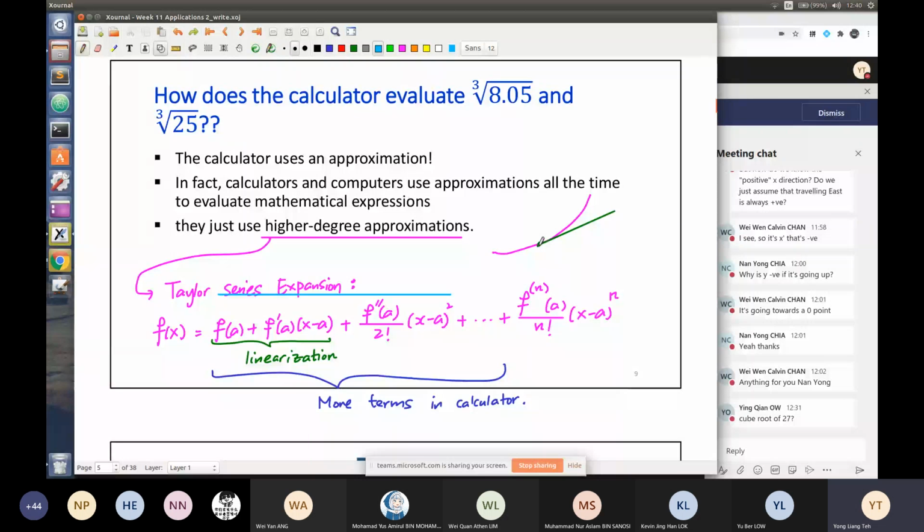So this is when you have 3 terms, and this one is just 2 terms. Then this one is your f of x. Okay, messing up here.